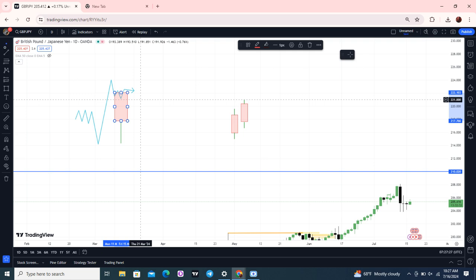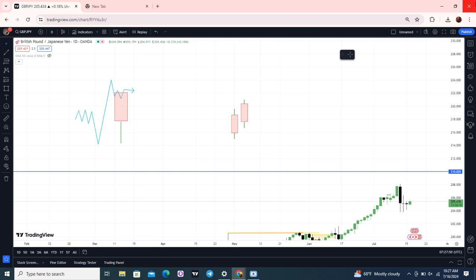There will also be a wick on top here. Sorry, my thing is freezing. So it will also leave a wick on top here. So that's how the daily candlestick is formed.